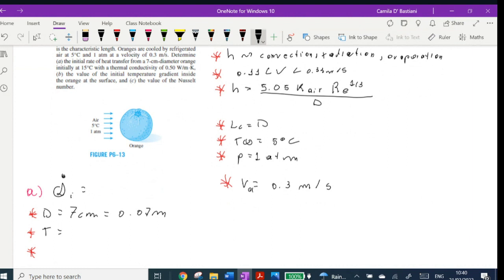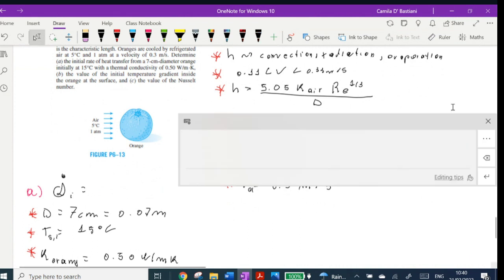My initial surface temperature is 15 degrees Celsius, with a thermal conductivity, k of the orange, of 0.5 watts per meter Kelvin.